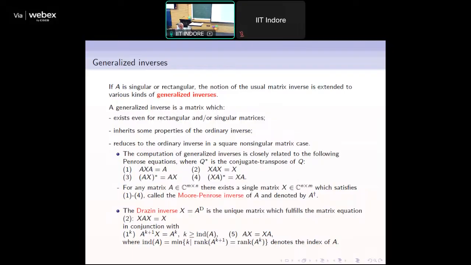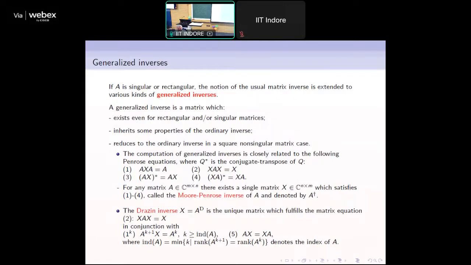For example, if the Drazin index is defined only for square matrices, and if we want to extend the definition to rectangular matrices, we will use the weighted Drazin index.